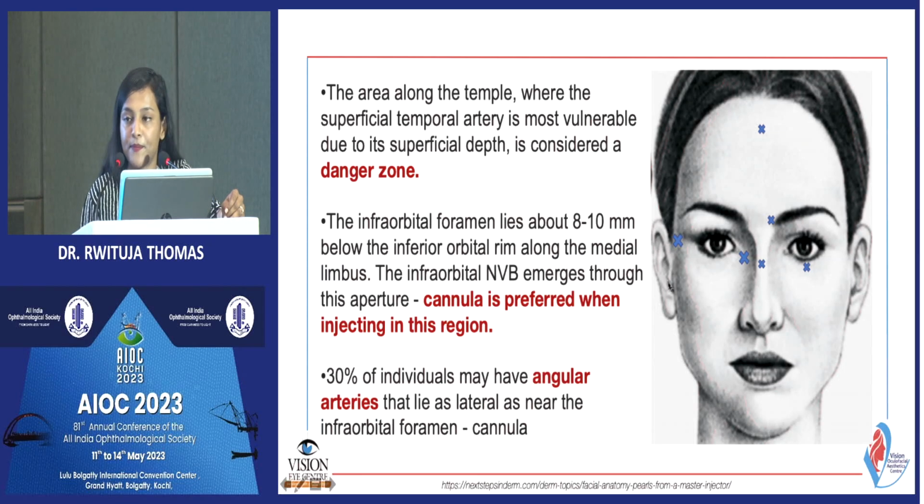This temporal area which becomes hollow with age is another danger zone because of the temporal artery which is here, which is commonly biopsied in giant cell arteritis, etc. So this area is a big danger zone, and it's better to use a cannula in areas where you are concerned about vasculature being compromised.